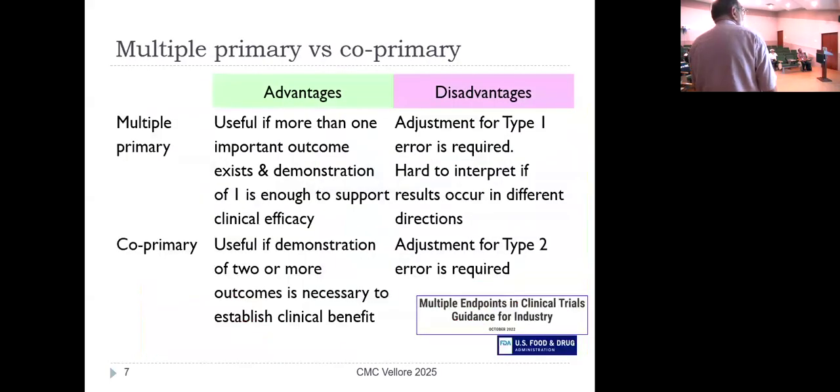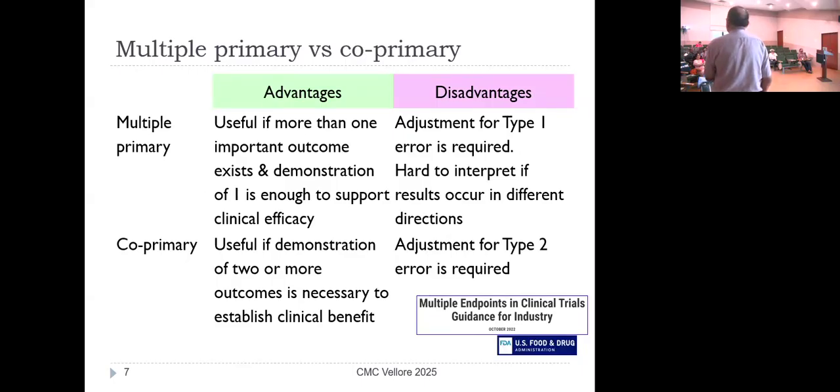Now, what are the advantages and disadvantages of doing multiple primaries versus co-primary? According to the US FDA, a co-primary is different than multiple primaries. So I have two that I consider primaries. Let's say heart attack and strokes.